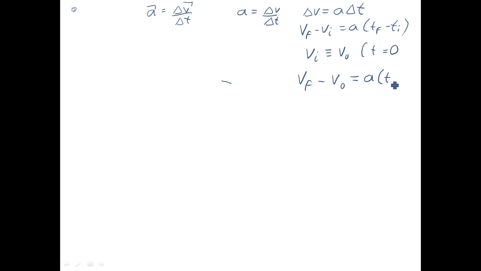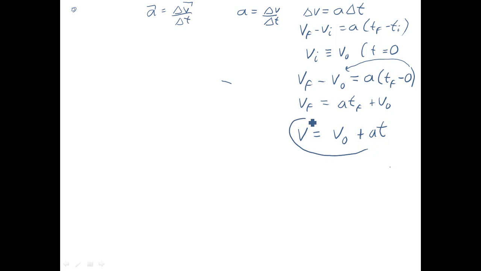And we can write t final minus 0, because this time corresponds to that velocity, and t equals 0 when velocity is v0. So then we can write v final is equal to a t final plus v naught, and we can actually drop the subscripts, and it's assumed that this is a future time.